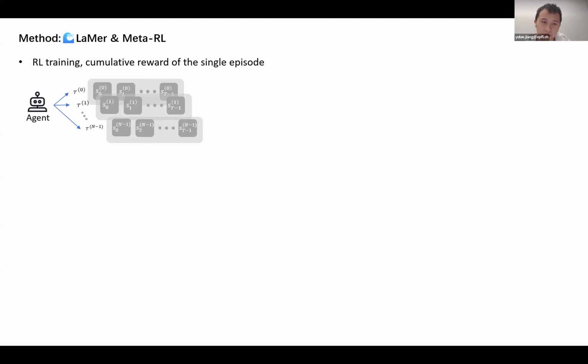And then you use some training algorithm like GRPO or PPO to optimize your agent on the accumulated reward, to favor the actions that give you the best reward. But here the trajectories within a group are independently sampled.